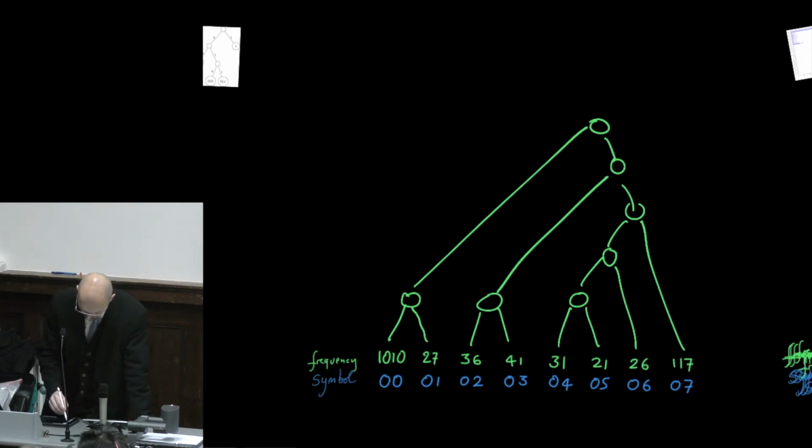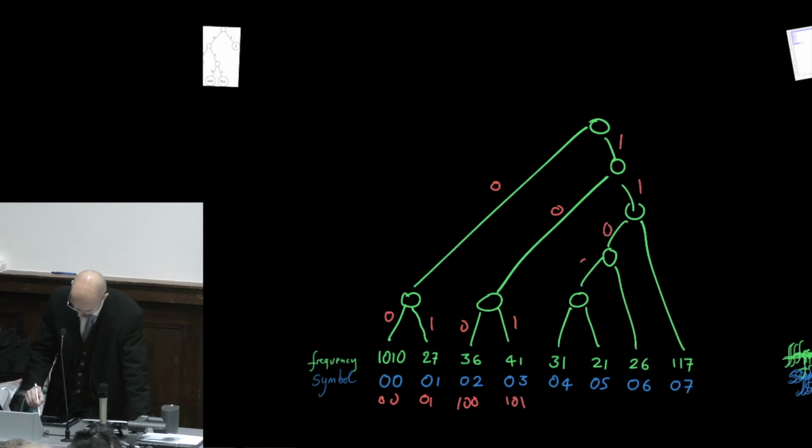So this one would be symbol 0, 0. This is 0, 1. This is 0 and 0 and 1. But there's a 1 here, so this would be 1, 0, 0, 0, 1, 0, 1, 1, 1, 0, 0, 0.